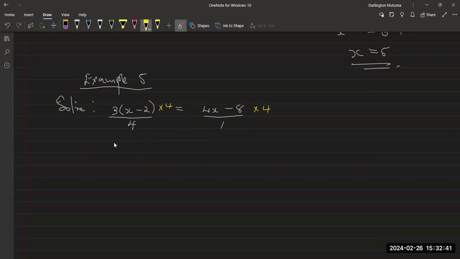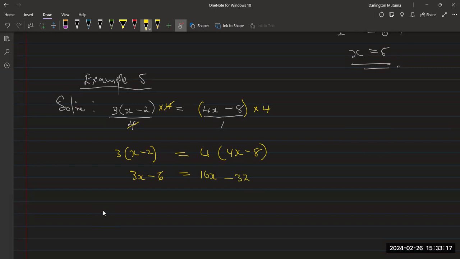The 4 and the 4 cancel. Then you're left with 3x minus 2 is equal to 4 multiplying 4x minus 8, because this 4 is multiplying all that. So this will be 3x minus 6 is equal to 16x minus 32.